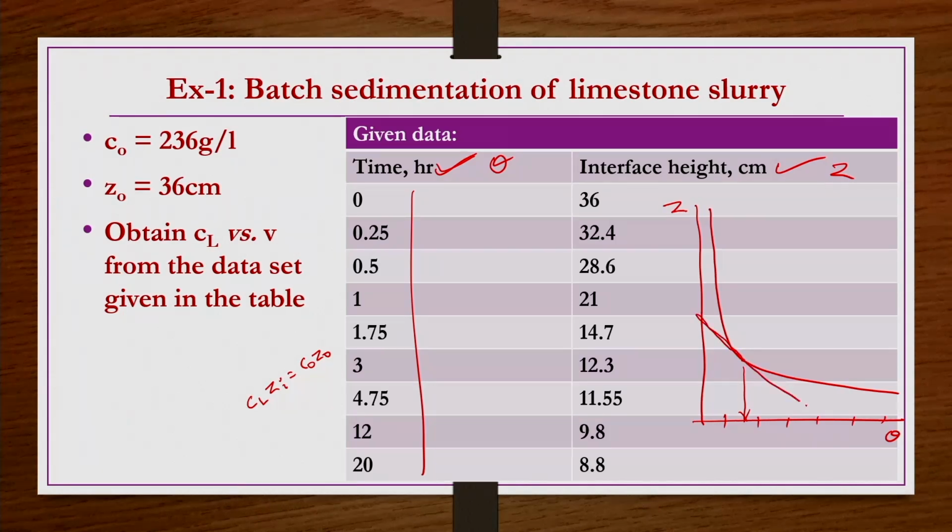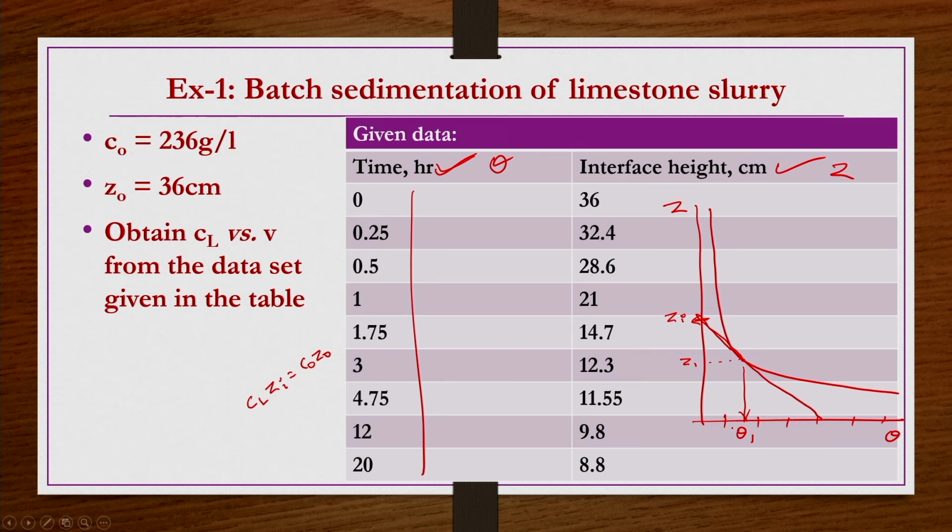It may intersect somewhere, let us say at theta 1. Then the corresponding intercept is Z1, and this is Zi. The velocity should be Zi minus Z1 by theta 1, and that gives the settling velocity. So V is known.